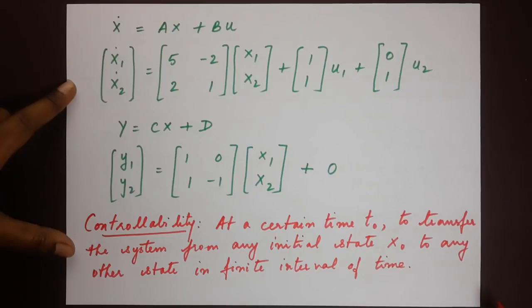Such a system is said to be controllable. If you can transfer the system from x naught to another state x in a particular interval of time, then it is said to be controllable.